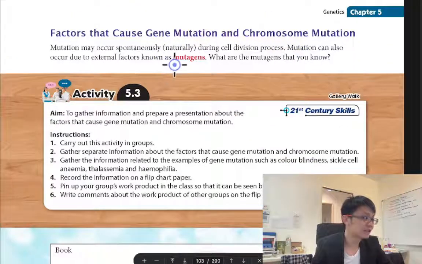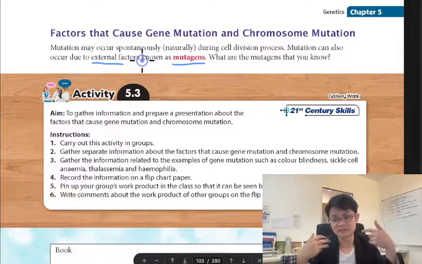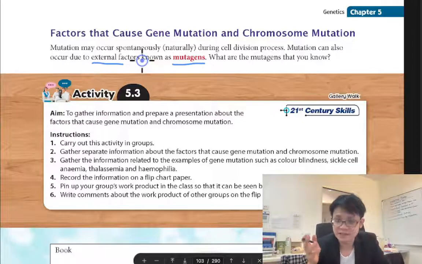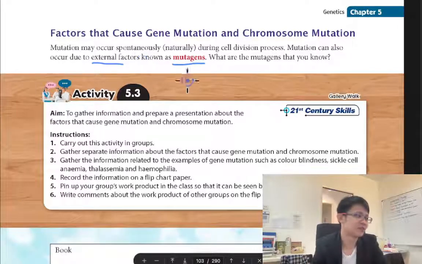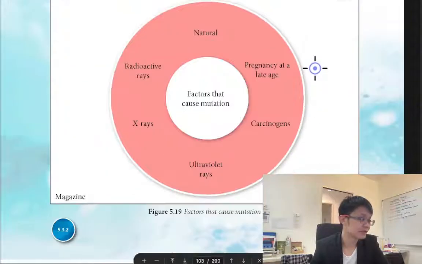Mutation is also caused by external factors. One of the factors is external factor, maybe internal factor, external factor. Internal factor maybe not much you can do, maybe due to your genetics. But usually it's not an internal factor, it's due to an external factor. What is a mutagen?